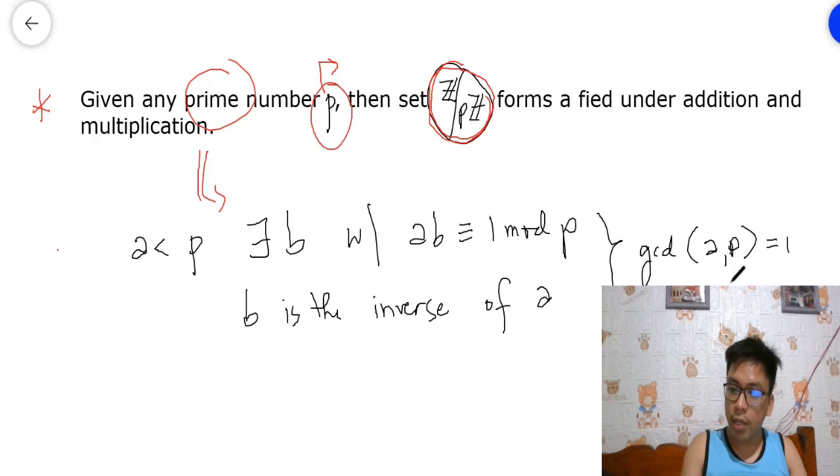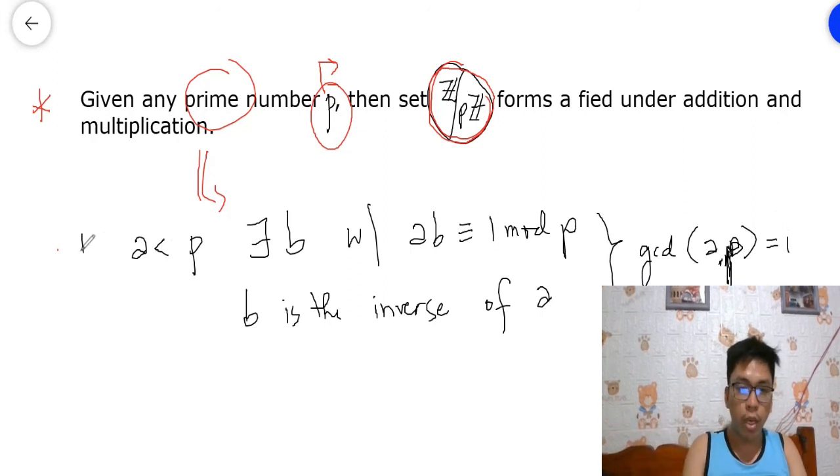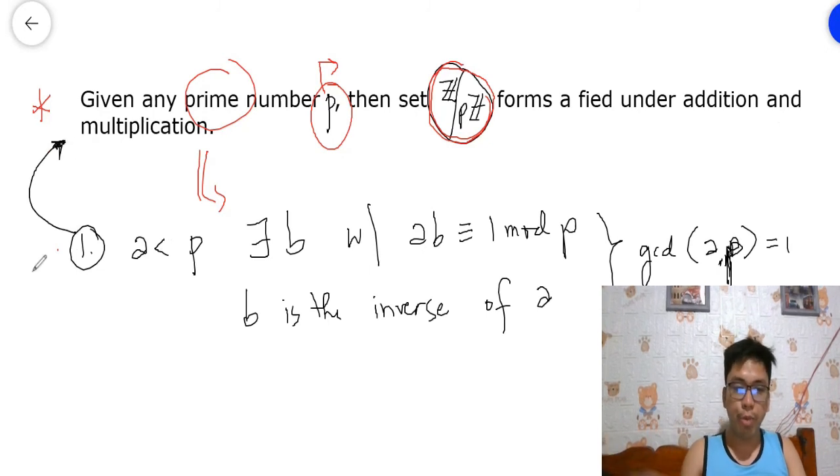Why? Because p is a prime and a is less than p, so they don't have a common factor, and so the GCD here is 1. So a and p are relatively prime. So that's one way of showing that this theorem is true to answer our previous problem.